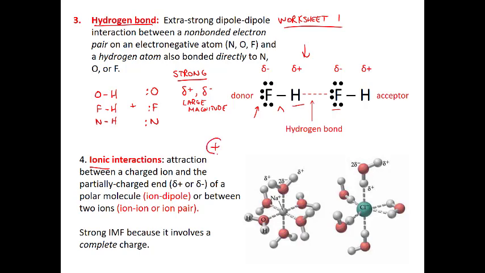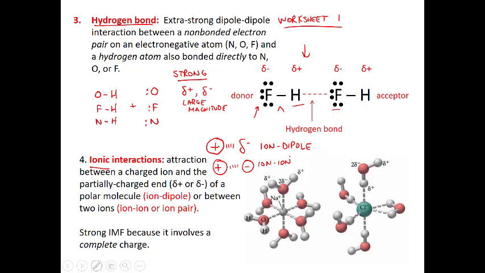So for example, if we had a positive charge with an attraction to a partial negative charge, this is what we would call an ion dipole interaction. And if we had a positive and a negative ion together, this is what we would call an ion-ion interaction.